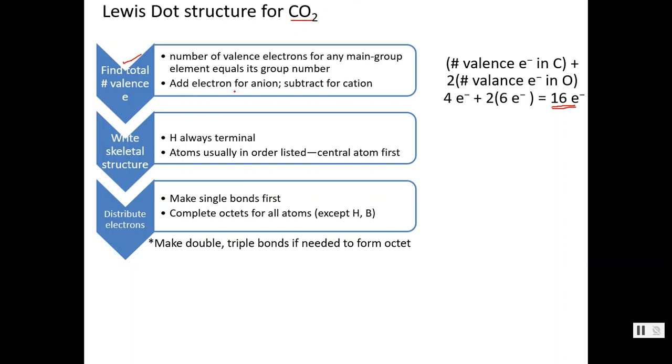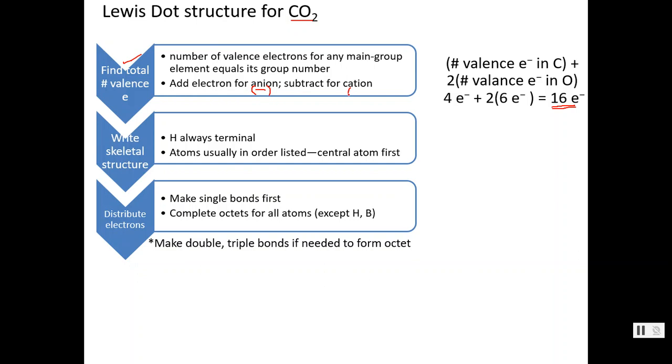If we were doing the Lewis dot structure for an ion, and we will be doing some of those in the next video, we need to account for the loss or gain of electrons in that ion by either adding or subtracting. Essentially, if you have an anion, something that is negatively charged, you would add an electron for each negative charge.